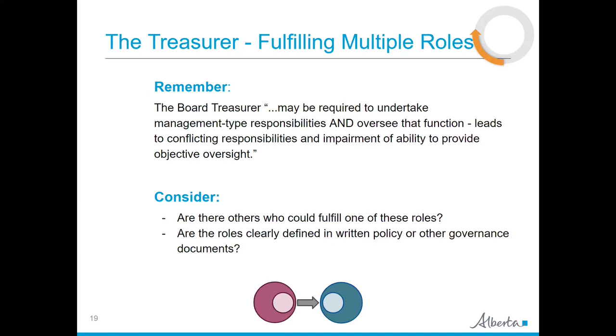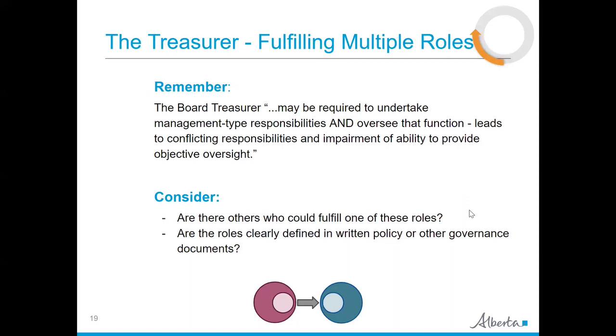Therefore, before the treasurer and board approve the treasurer's job description, it is a good idea to first consider whether there are others who could fulfill some of the roles. Also, it is important to ensure that the roles are clearly defined in written policy, job descriptions, and other governance documentation.